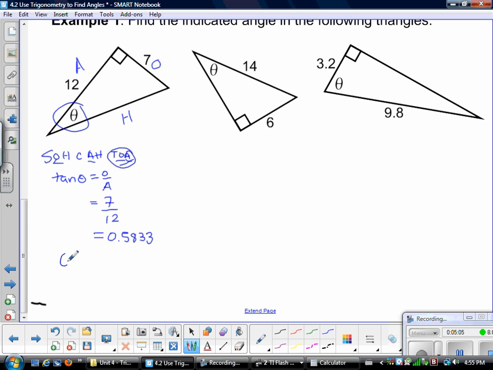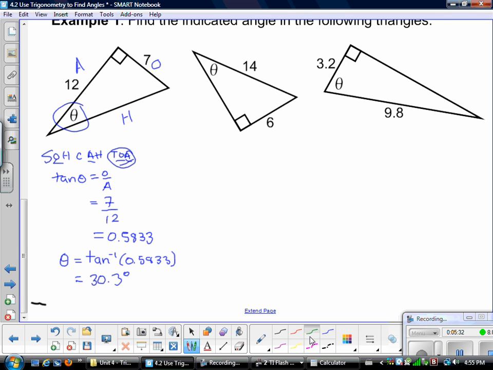So if I want to find theta, it's going to equal the tan inverse of that number. And when I do that on my graphing calculator or any other calculator, I end up with 30.3, and that is in degrees. Okay, so let's go on to the next question.